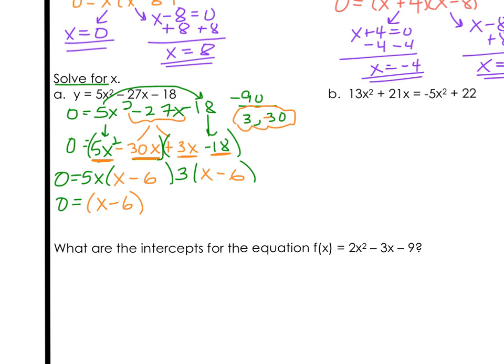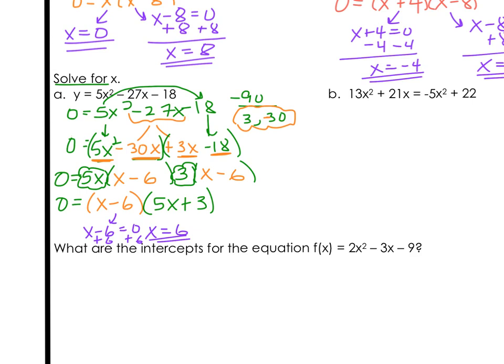Now remember from yesterday, those numbers on the outside create that second factor. 5x plus 3. Whew, that's the factored part. Now apply that 0 product property. If we set x minus 6 equal to 0, and we add 6, we get x equals 6. There's one x-intercept.